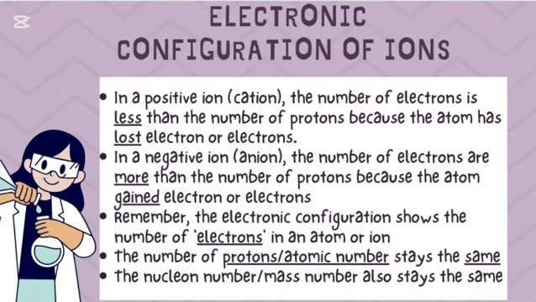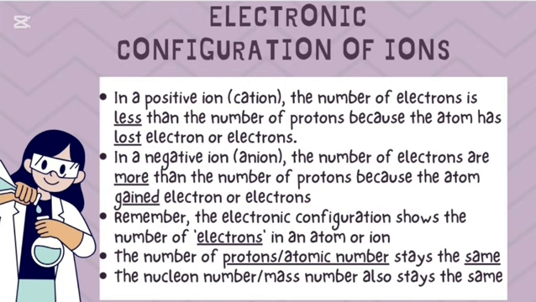Moving on, we have the electronic configuration of ions. In a positive ion, cation, the number of electrons is less than the number of protons because the atom lost electrons. In a negative ion, anion, the number of electrons is more than the number of protons because the atom gains electrons. Remember, the electronic configuration shows the number of electrons in an atom or ion.